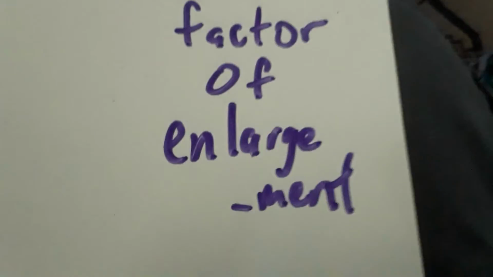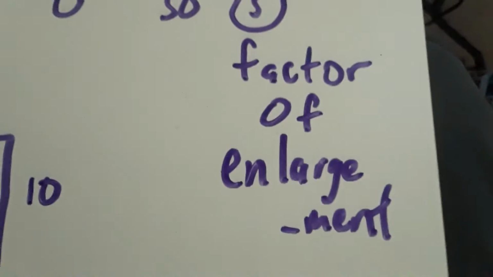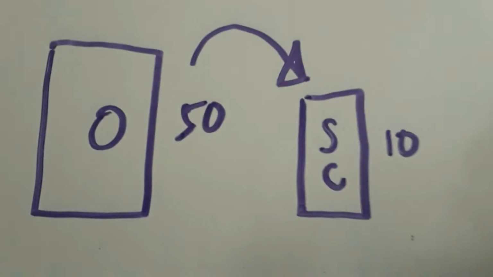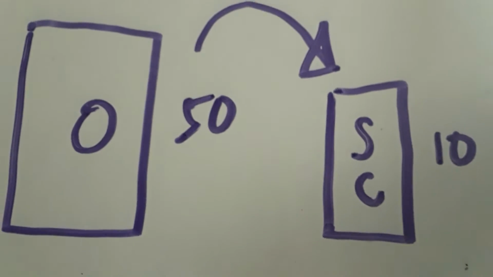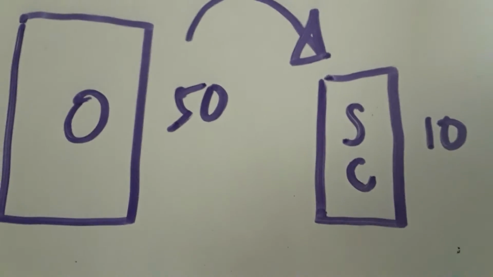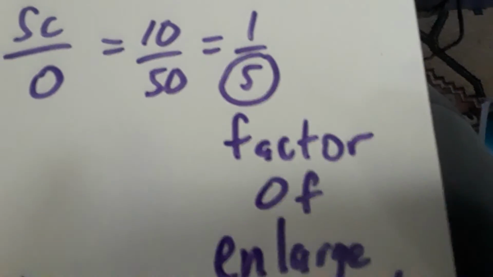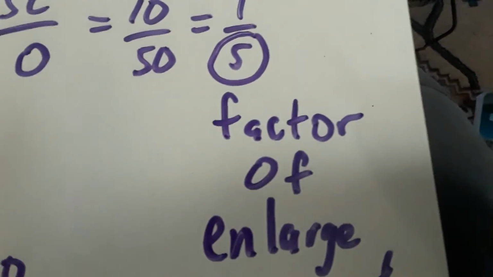Okay, so we know that we had to use a scale factor of 1/5 to reduce the size of our original rectangle on the left-hand side, and we also know that the original is 5 times larger because the factor of enlargement, which is the denominator of the scale factor, is in fact 5.